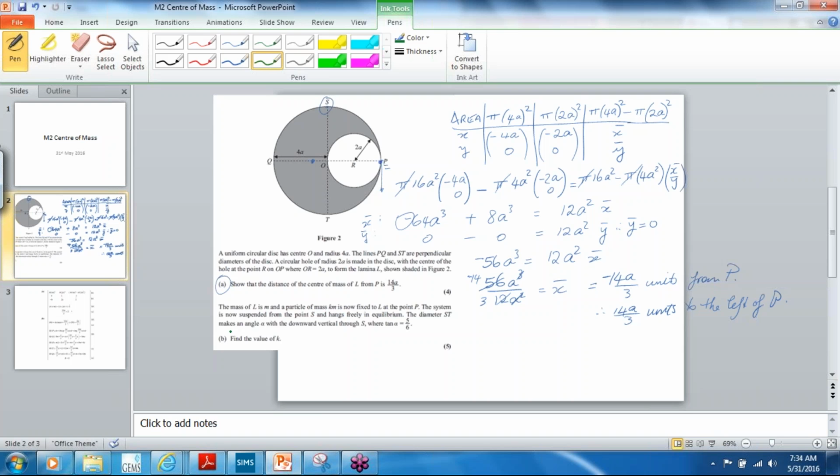The diameter ST makes an angle alpha with the vertical through S. Now if we had no mass hanging here, that point would have hung directly below the point S. But as it is now, with a heavier mass here, it is going to weigh this down, and the diameter ST makes an angle alpha with the vertical through S.